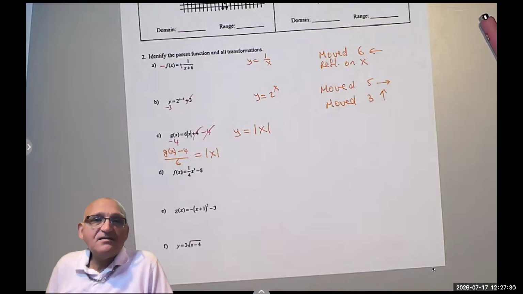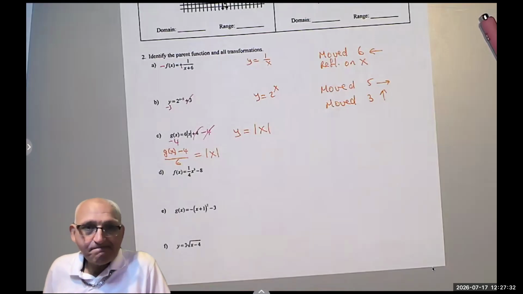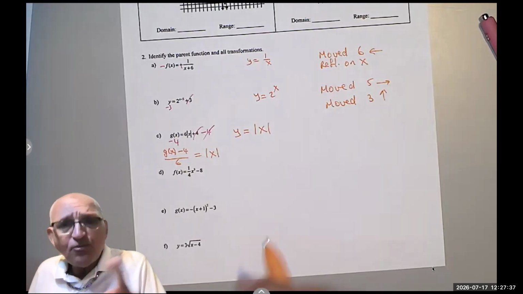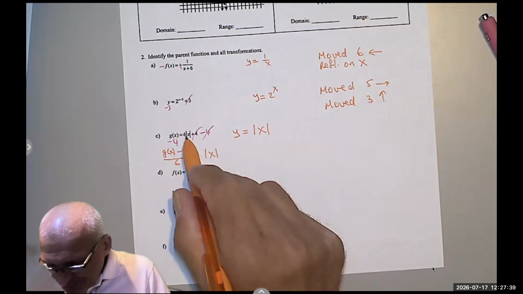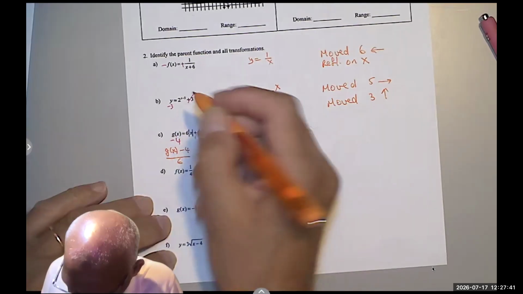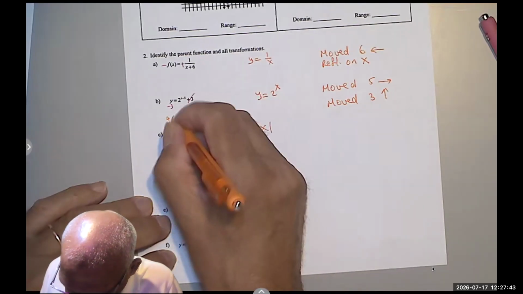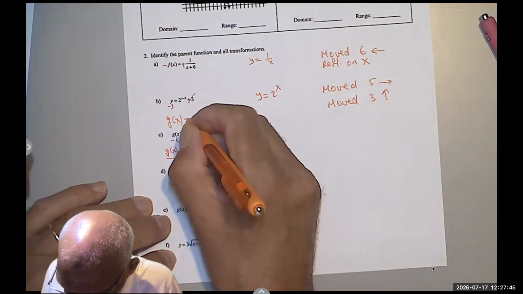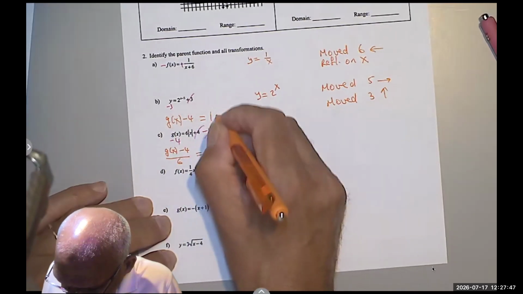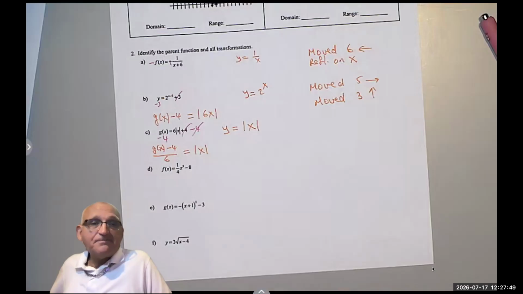So I didn't do anything to the x. Here, by the way, someone can say, can't I bring the 6 inside and make it g of x minus 4 equals absolute value of 6x? Yes, absolutely.